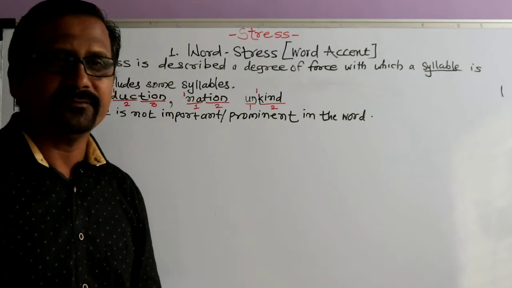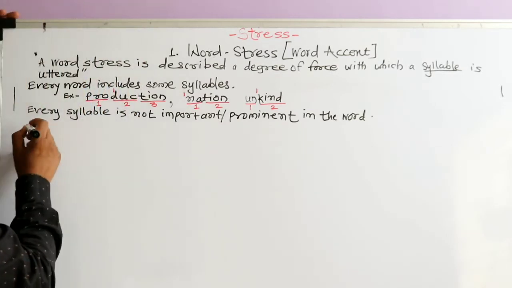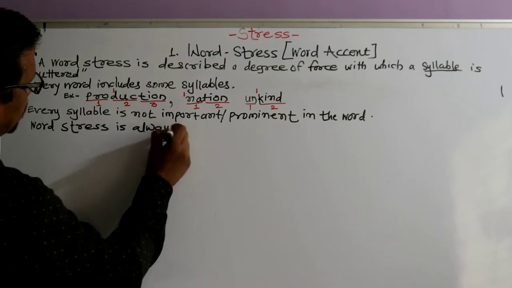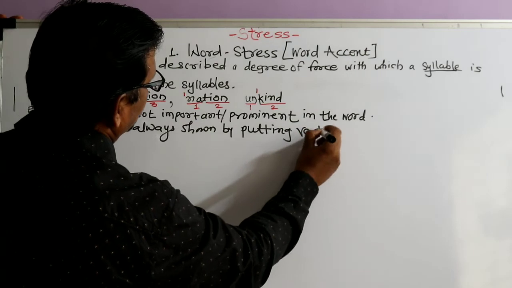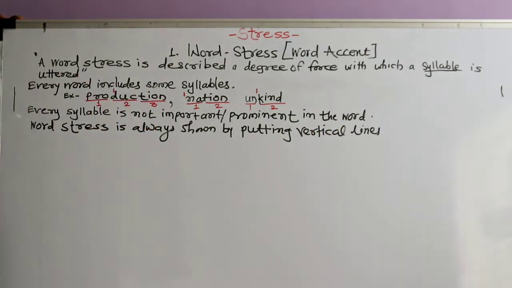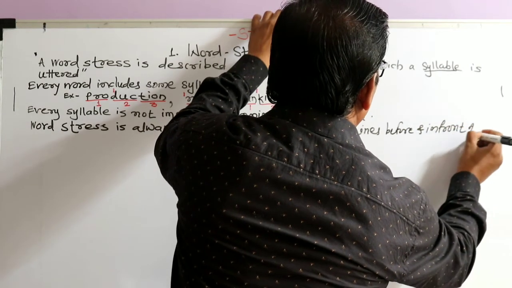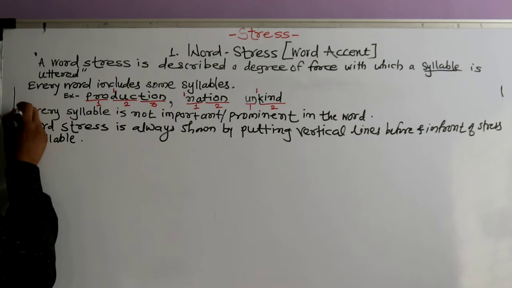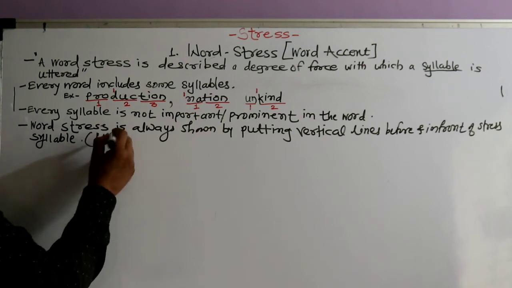So friends, it is very important that word trace is always shown by putting a vertical line before, in front of, the traced syllable.